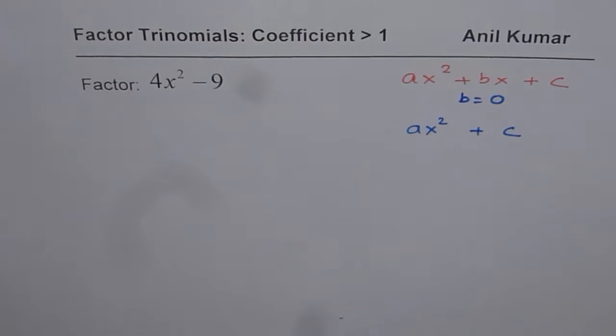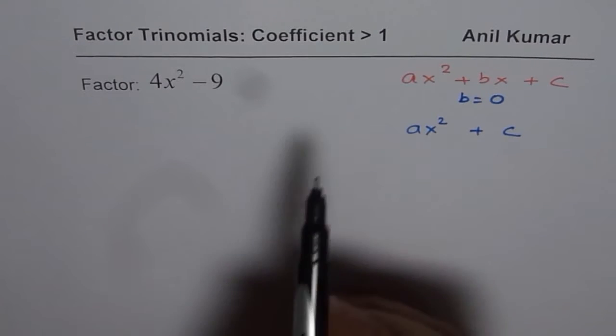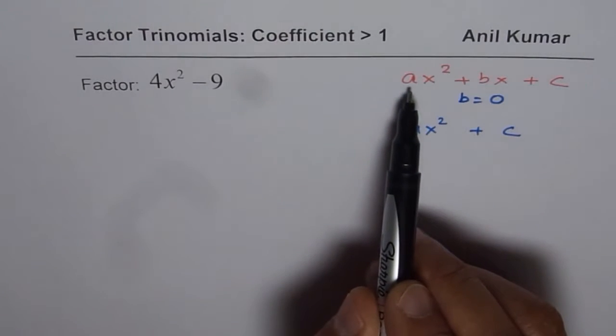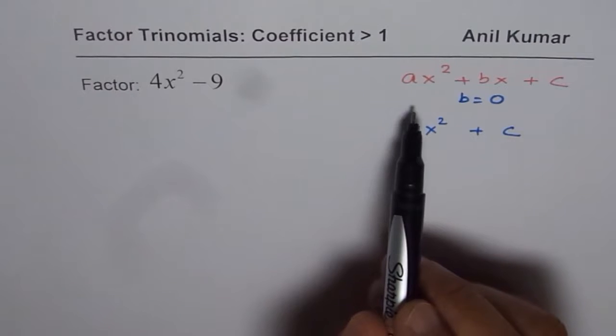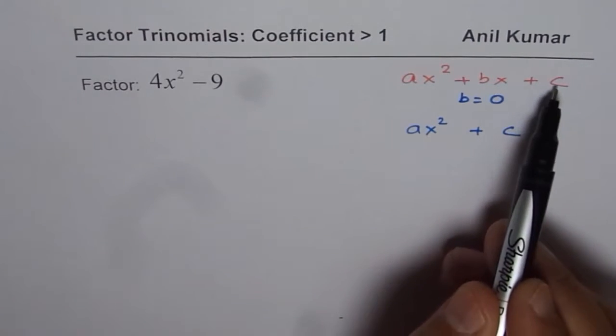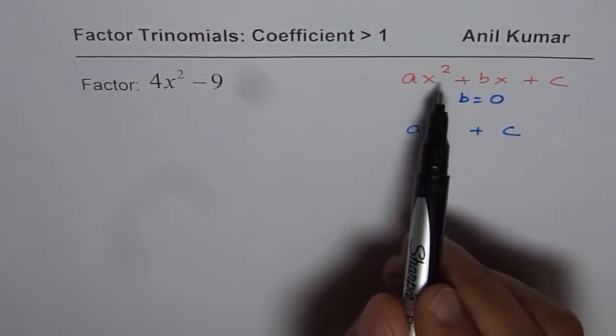So therefore, binomials can be treated as trinomials, and you can apply the same rules which you have learned so far for factoring trinomials and then factor this one. Correct? So we'll apply the same rules learned. The rule for us is we are looking for numbers p and q so that their product is a times c, right?